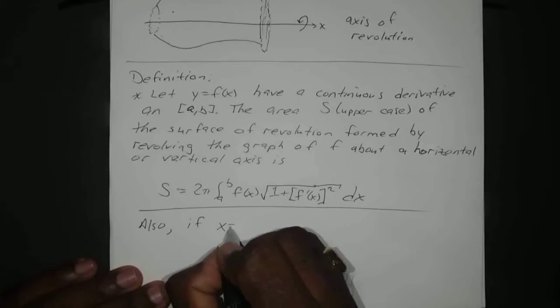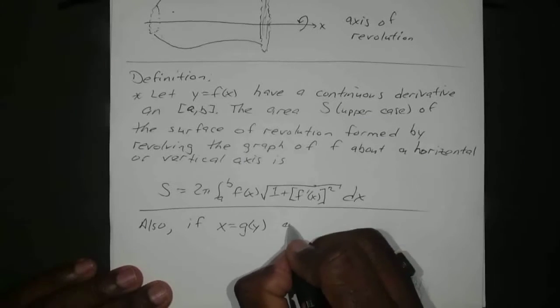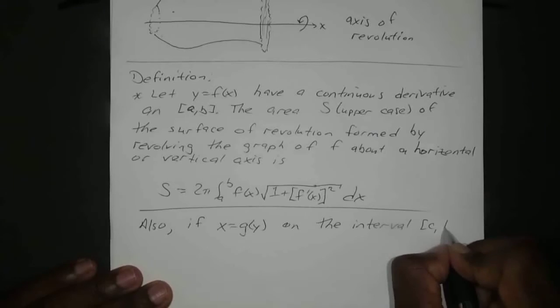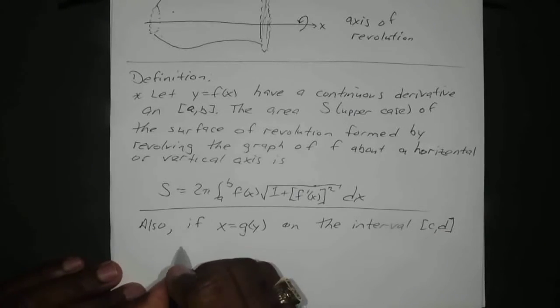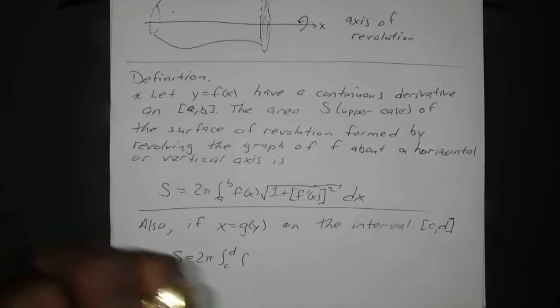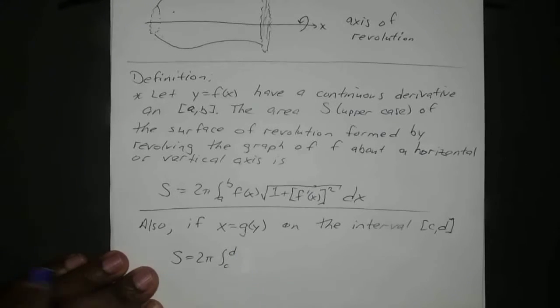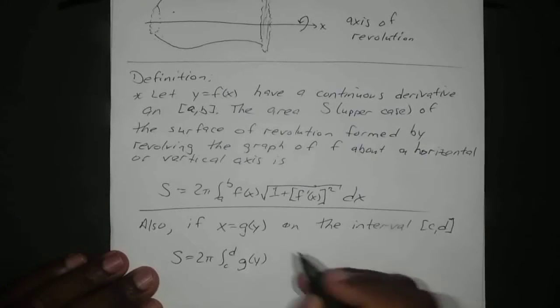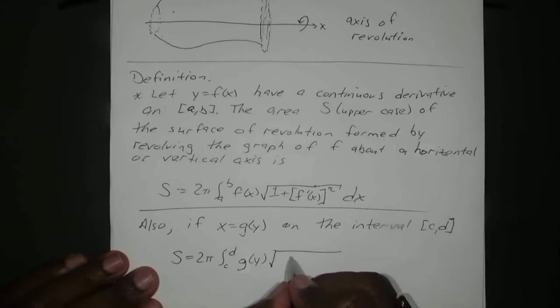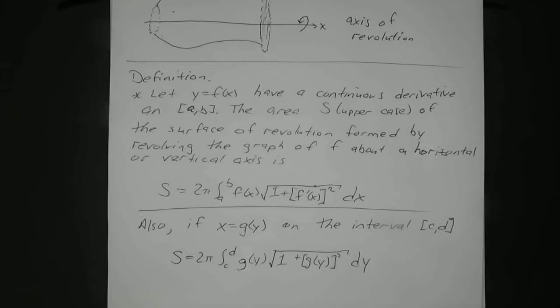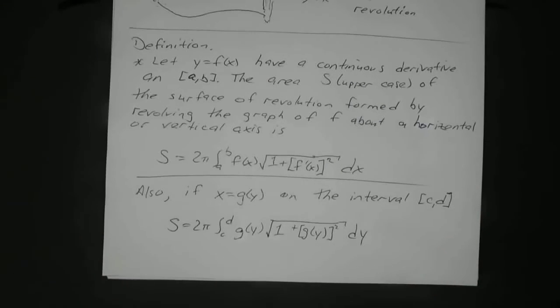So if x equals some function g of y, on the interval from C to D, the surface area is equal to 2 pi from C to D times g of y, times square root of 1 plus g prime of y squared with respect to y. Oh, g prime, thank you.